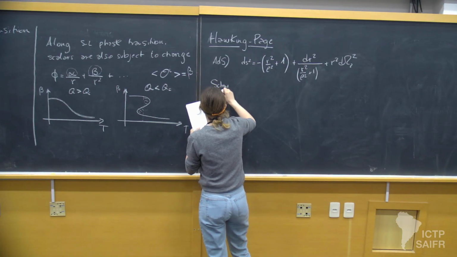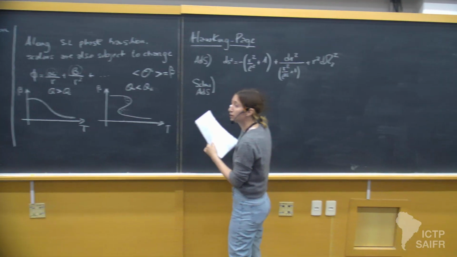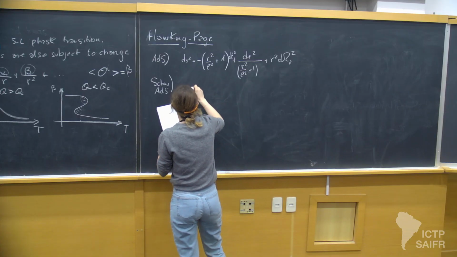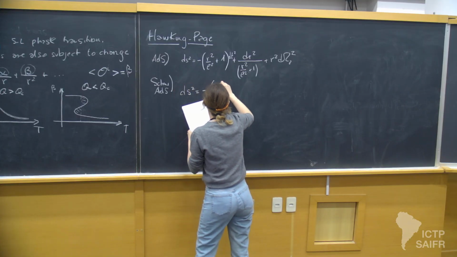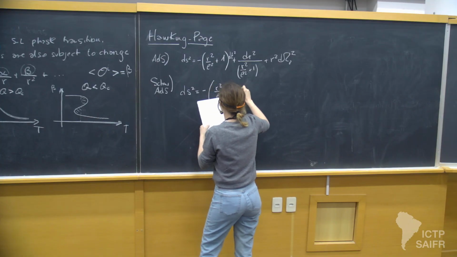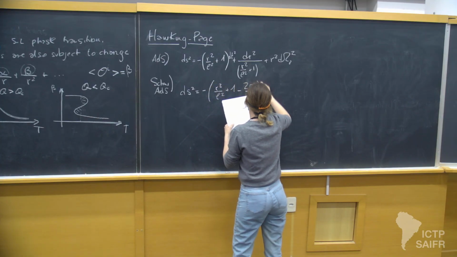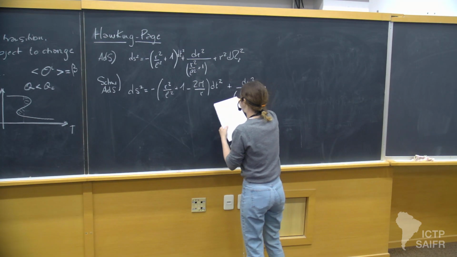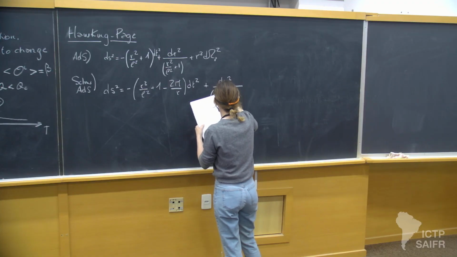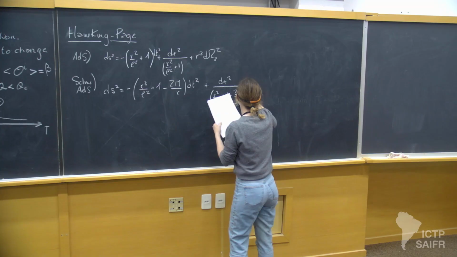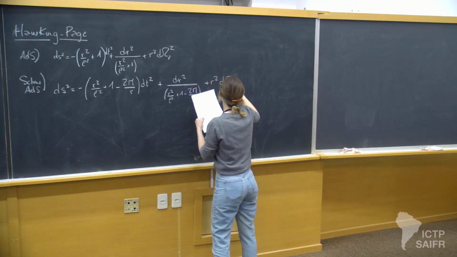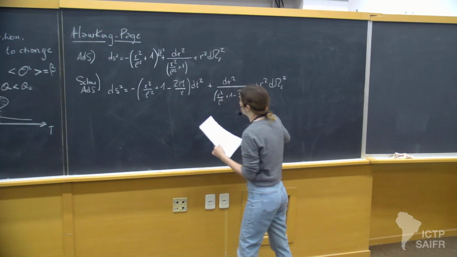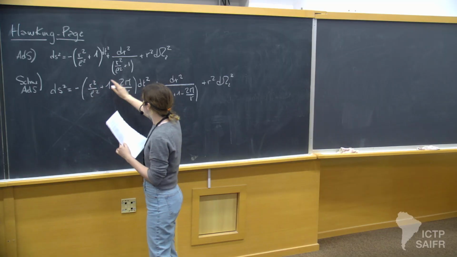And then the second configuration that we are going to compare it with is the Schwarzschild AdS black hole. The Schwarzschild AdS black hole is this one. This geometry has a horizon, so you have to find the roots of this polynomial.